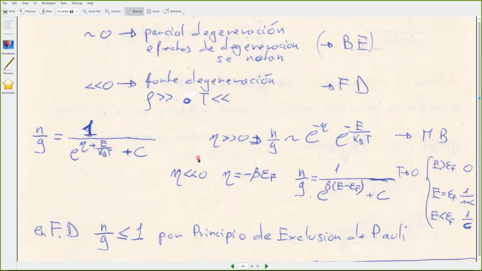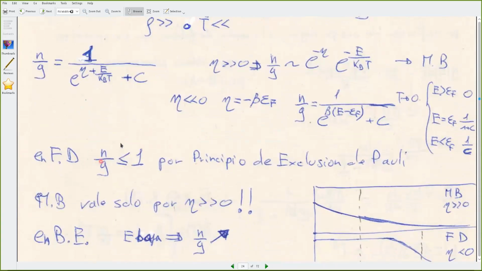If it is really negative, you see the effect, and you see that I have this rectangular shape that is classical for Fermi-Dirac. In Fermi-Dirac, n divided by g must be at most 1. G has its probability, plus the 2 for the spin already included.